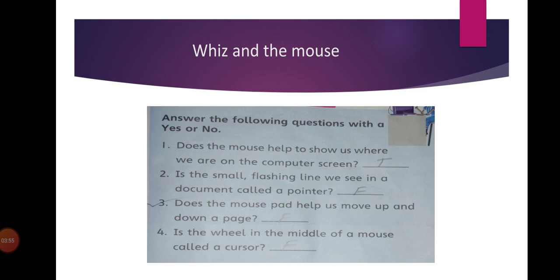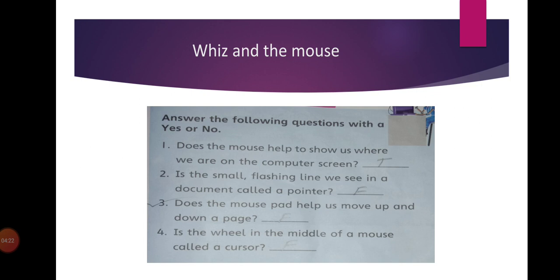Okay, and the third statement is, does the mouse pad help us move up and down a page? That is a wrong statement. Okay, here we write that is a false statement, because mouse pad does not help us to move up and down a page. We use the wheel for up and down the page.